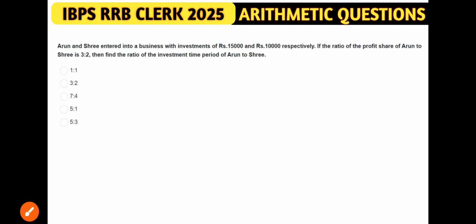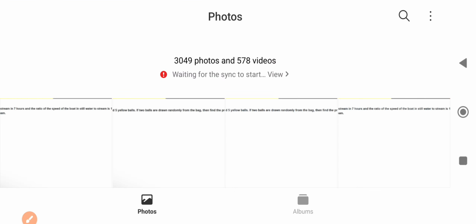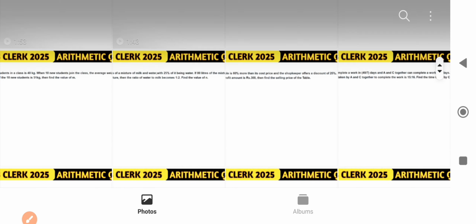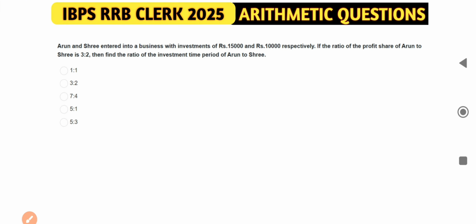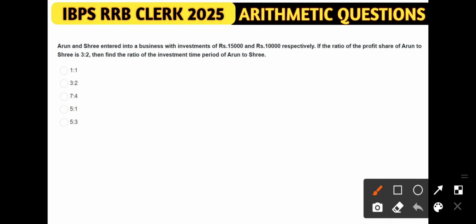Now we are going to see one more question. Arun and Shri entered into a business with an initial investment of 15,000 and 10,000. So 15, wait a second. I need to take the question where it is. Here it is. Okay.